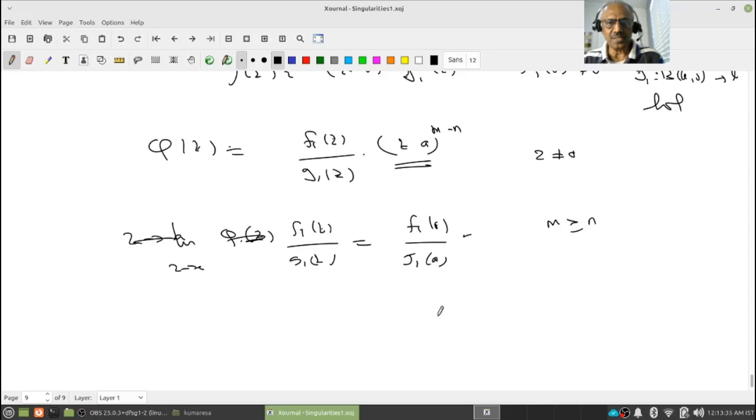Why? Because if m is greater than or equal to n, then I will have a limit, right? Therefore I will have a removable singularity. If m is greater than or equal to n, then z = a is a removable singularity of phi.